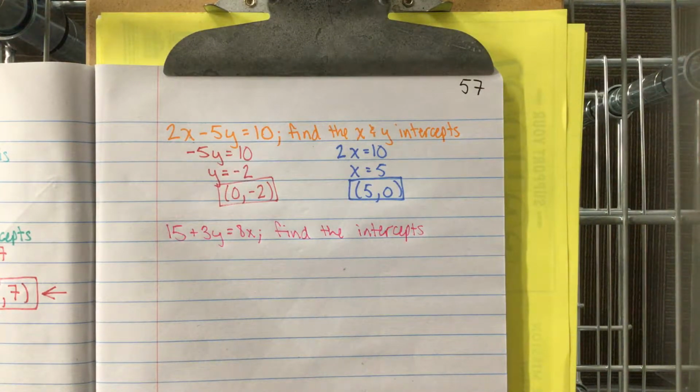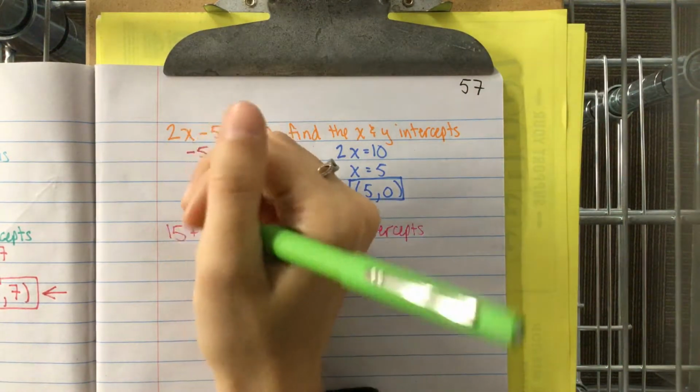Find the y-intercept: you substitute 0 in for x. Find the x-intercept: you substitute 0 in for y.